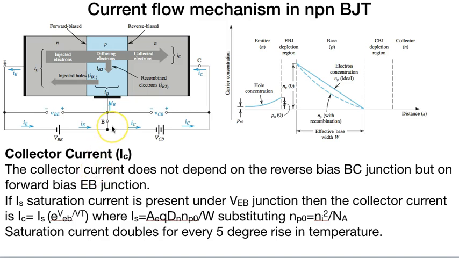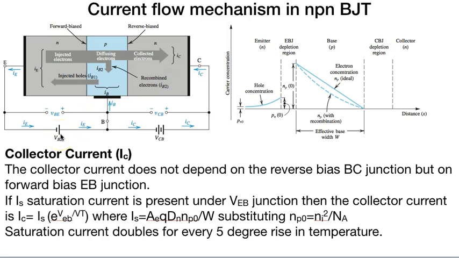Now let's talk about the collector current. Collector current is the current IC in the collector region. In an NPN, the injected electrons minus those electrons that combine with holes to form electron hole pairs, those that reach the collector region, are termed as collector current.